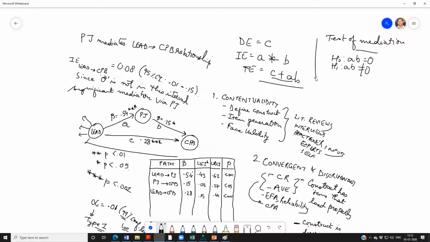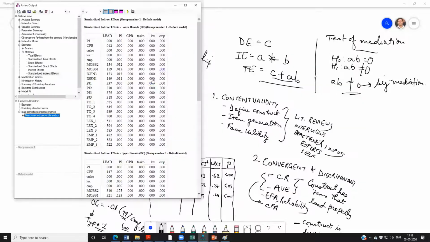Here this bootstrap result tells us that A times B is not equal to 0, which means there is significant mediation. This is how you test for mediation. You report these results.